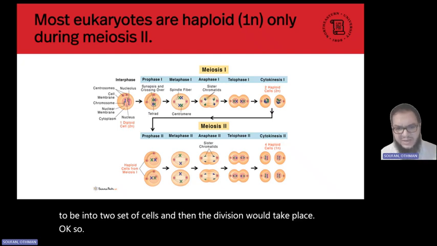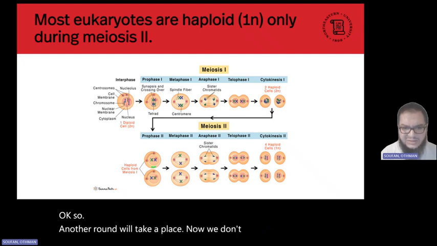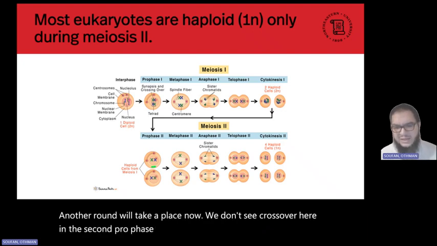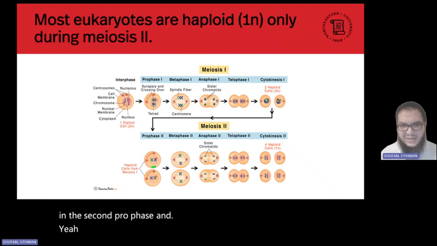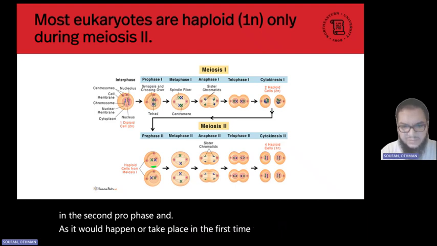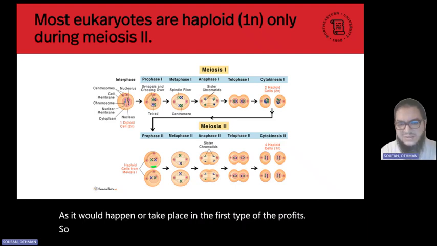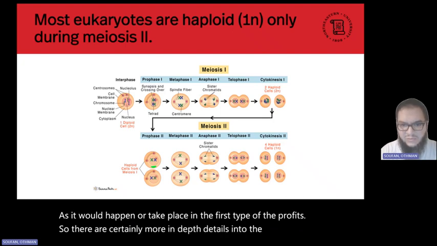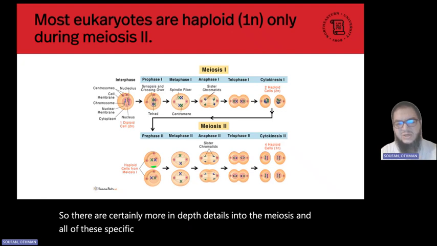Another round will take place. Now we don't see crossover in the second prophase, as it would take place in the first prophase. There are certainly more in-depth details into meiosis and all of these specific steps.